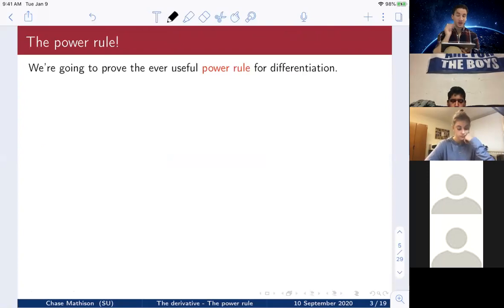So today we're going to talk about the power rule. If anyone's taken Calc 1 before, they probably have seen the power rule, and you probably use it all the time, even though I asked for the definition of the derivative to evaluate a derivative. This is everybody's favorite rule.